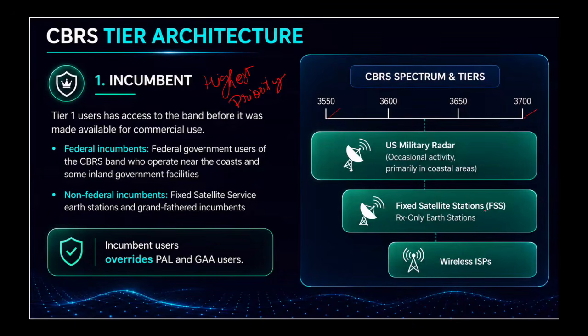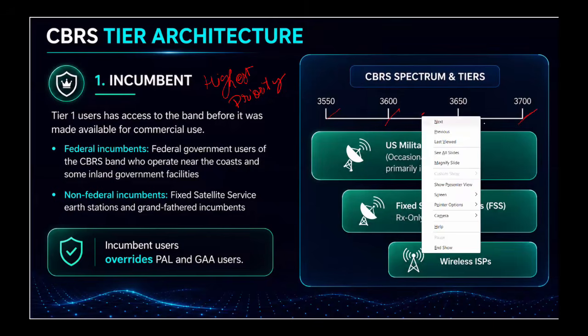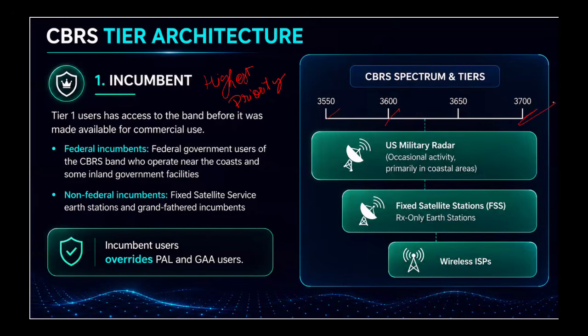For fixed satellite stations, it can be between 3.6 gigahertz and 3.7 gigahertz. For wireless ISPs, it can be between 3.65 and 3.7 gigahertz. So depending on the use case, we may have different frequencies allocated, but in short, you can say that incumbent will be the highest priority. And whenever incumbent users are there, it will override PAL and GAA users.